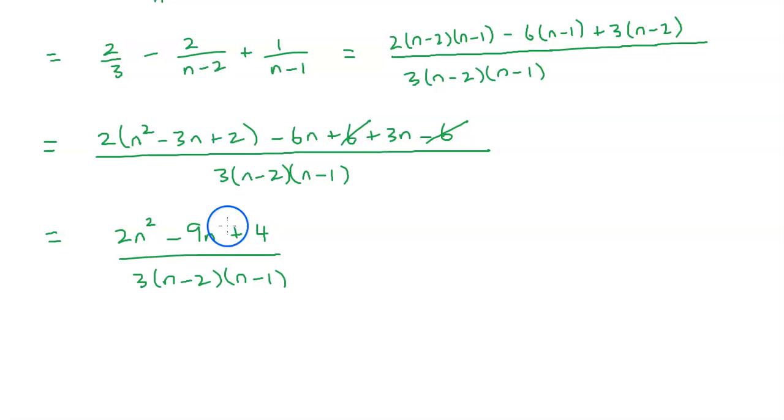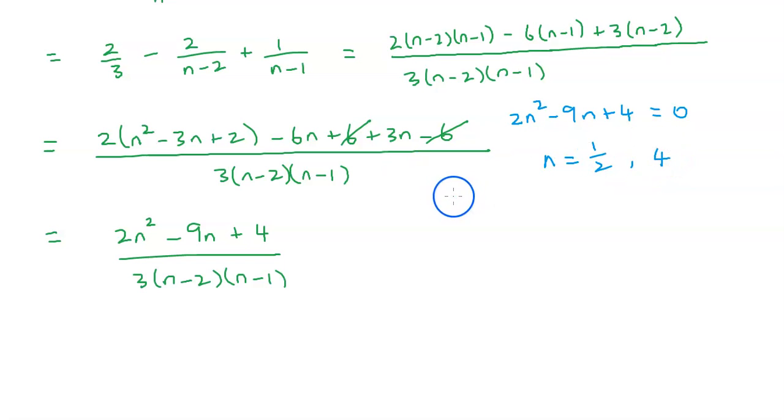And if you like, you can factorize the thing on the top however you want. I'm going to do it this way. 2n squared minus 9n plus 4 equals 0. And solving that equation, you get n is equal to a half, or n is equal to 4.